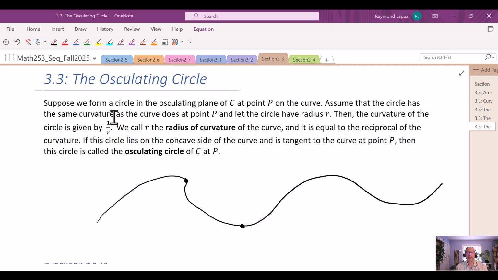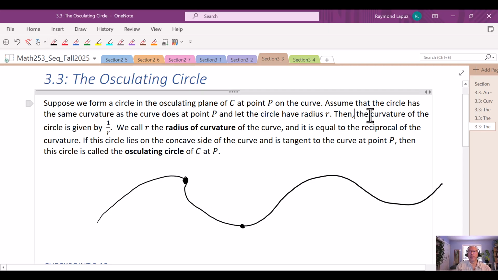So on a point P on the curve, we're going to assume that the circle has the same curvature as the curve itself. You know how we go from parts of the curve and you'll have different curvature. Like the curvature for this point right here has a larger curvature because it has more changes than the point over here.